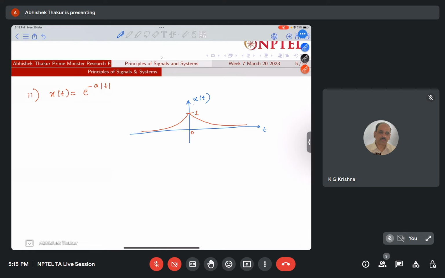So this is our signal. Now we will find the Fourier transform of it by using the simple formula: the integration from minus infinity to infinity of e to the power of minus a mod t, times e to the power of minus j omega t dt.